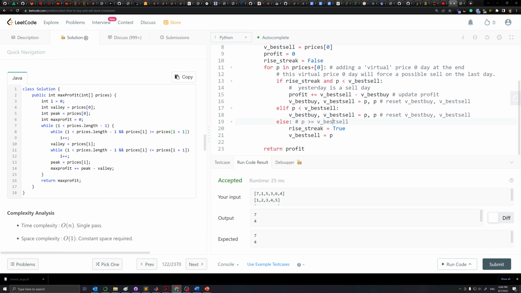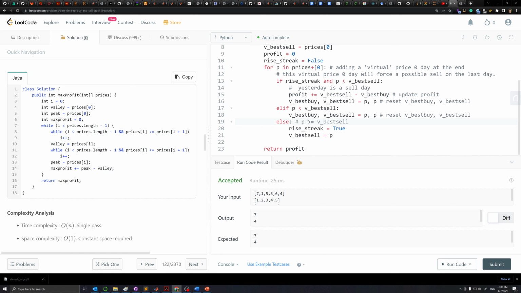The rise streak actually started yesterday, right? So then we're going to update now that we have a new best sell value, and we're gonna cash this best sell value somewhere very near in the future, whenever we detect a local peak again. So this was also very intuitive. I would say this is an equally good solution.